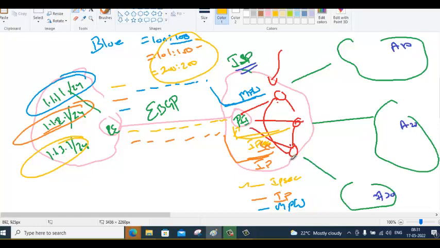Because who decided this color? Service provider. Service provider only decided this color. Service provider says, we will give customer 100:100 if they want to send it via MPLS. Let us give the customer 200:200 if they want to send any traffic via IPsec.